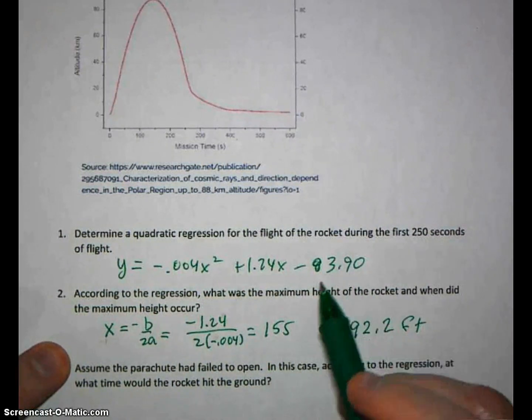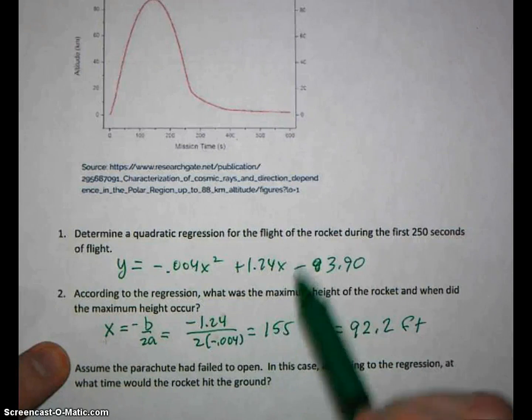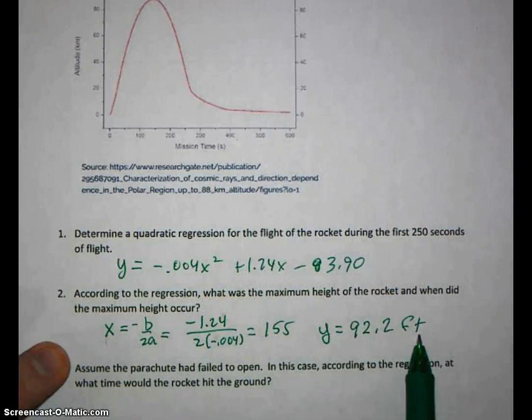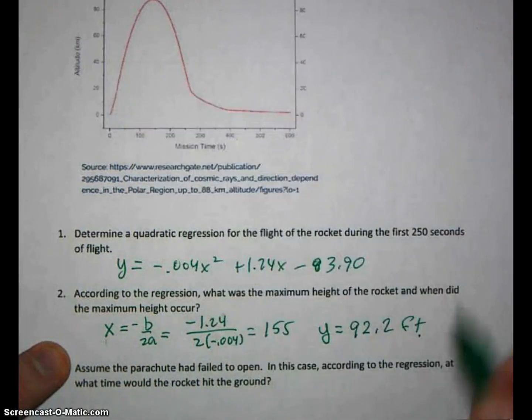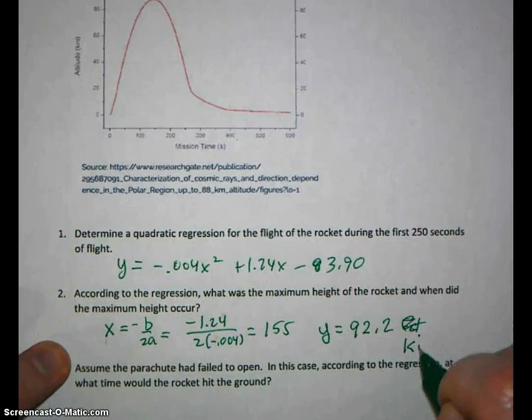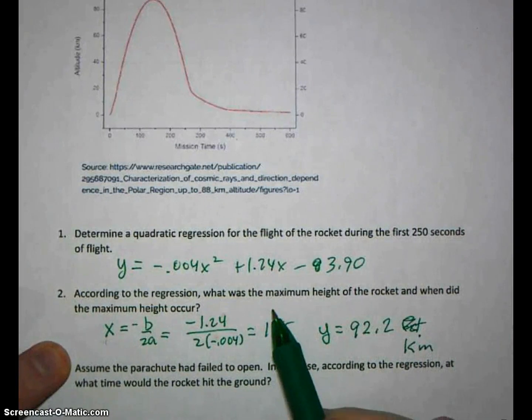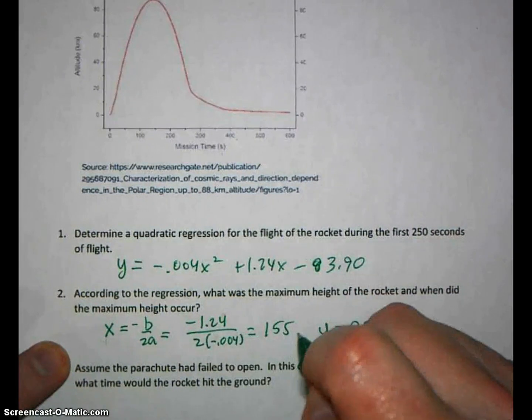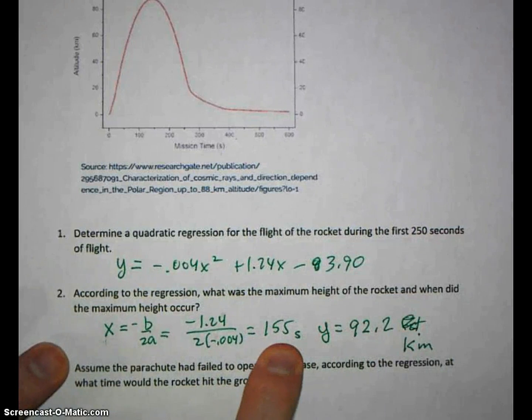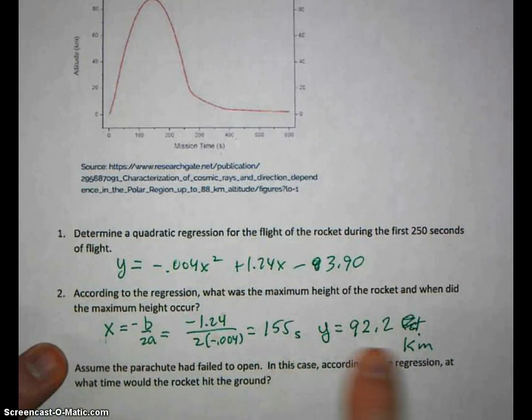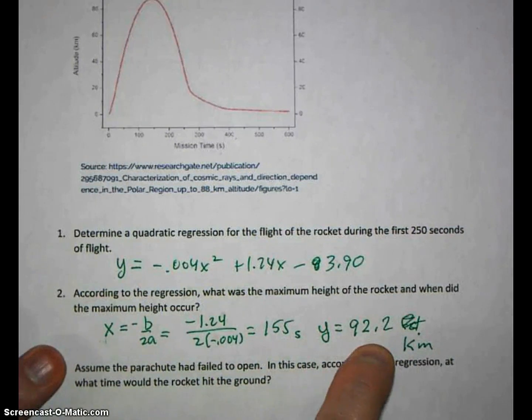So what would the units be here? Not sure. This one is kilometers, not feet. And what are the units here? Seconds, it looks like. So it happened at 155 seconds, and its maximum height was 92.2 kilometers.